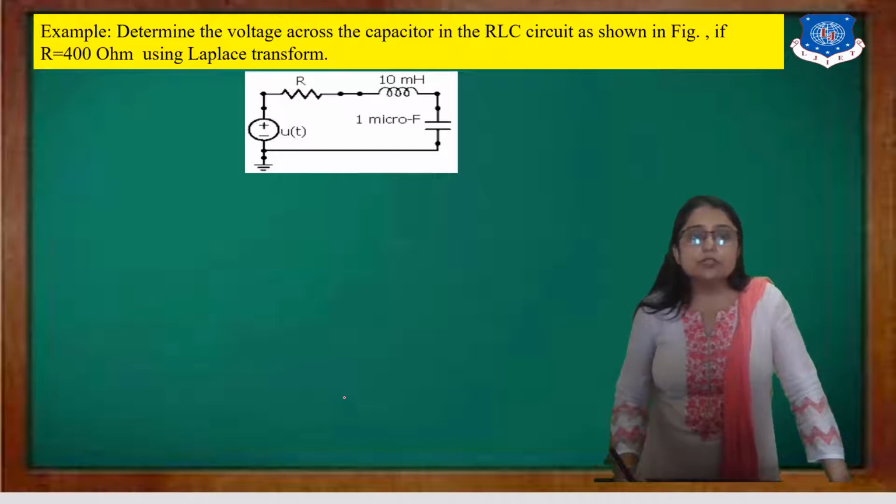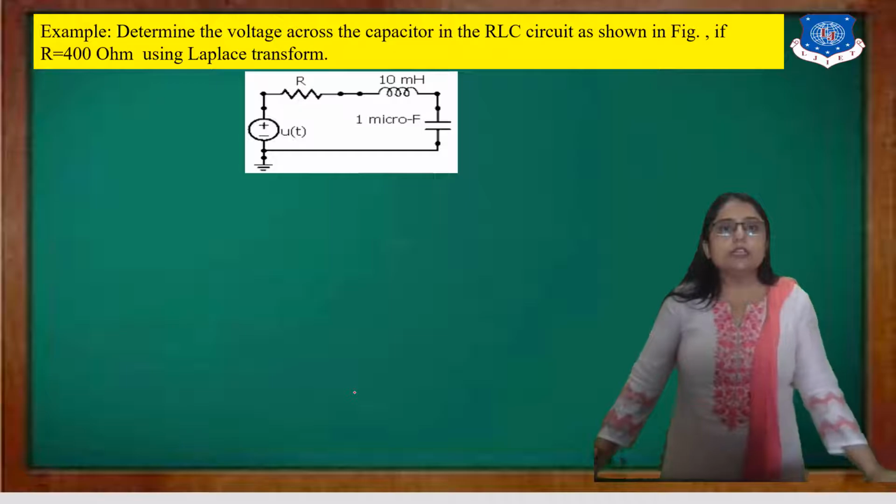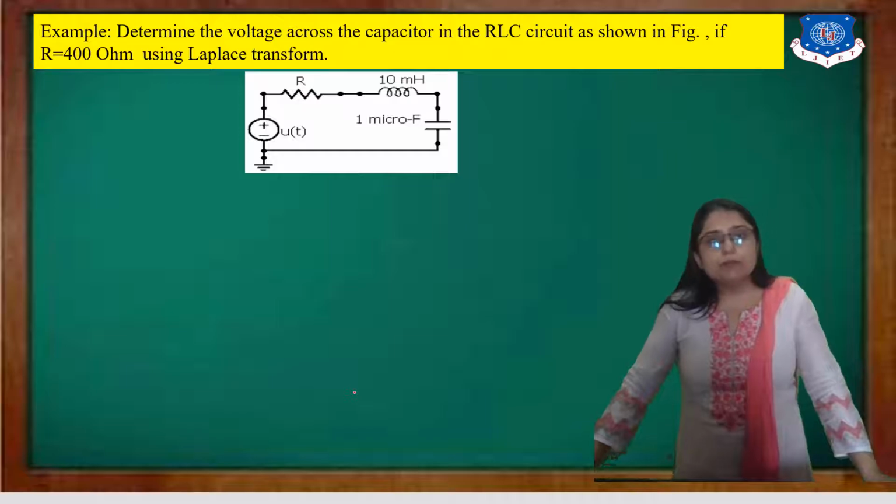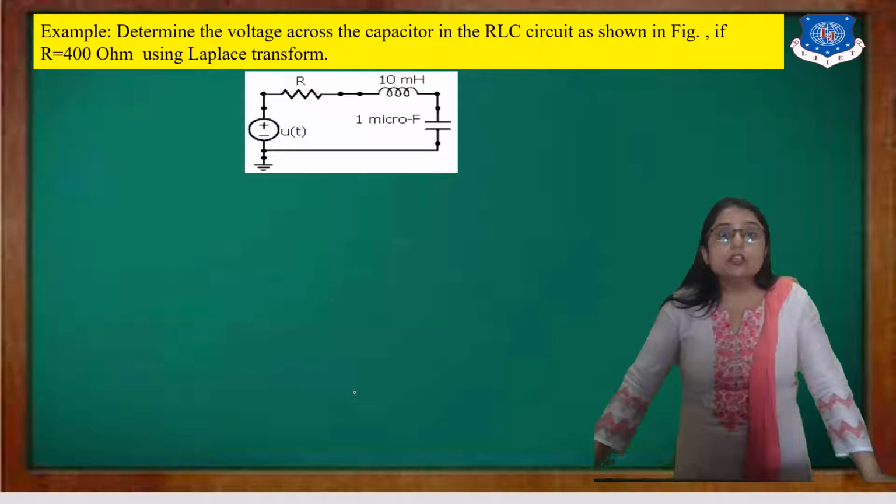See here, if you use the simple analysis, then what will happen? You just write the equation: u of t equals R into I of t plus L di by dt plus 1 by C integration of I dt. The first term, R into I, is the current I as it is.